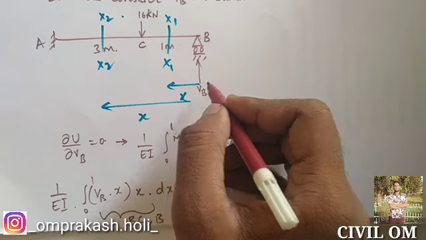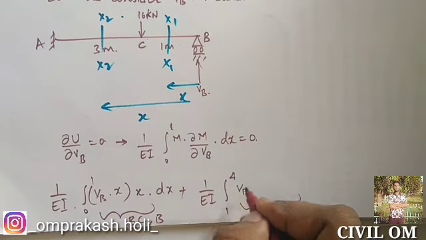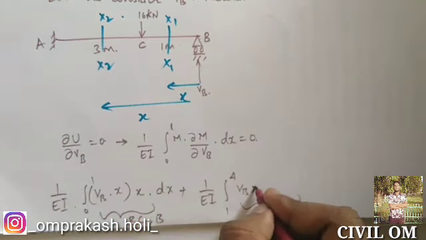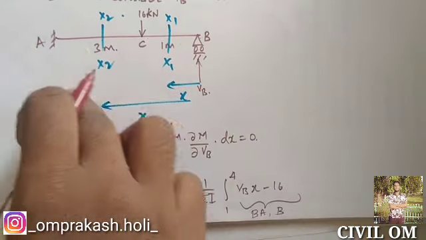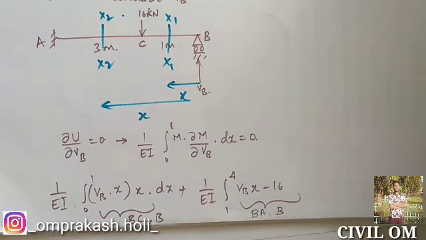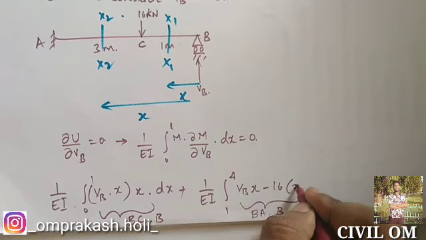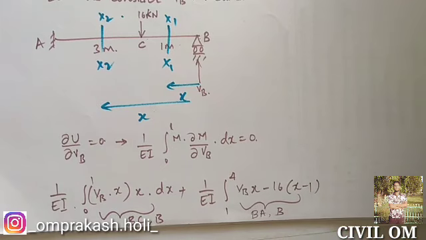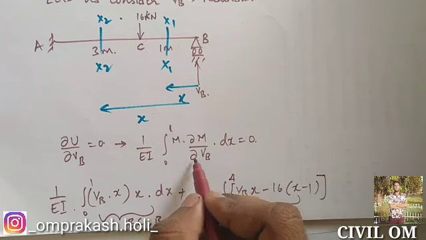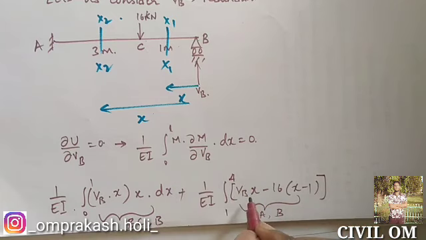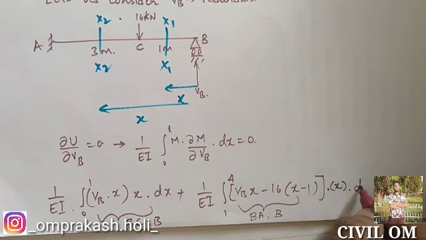We have VB as the support reaction, VB into this distance x, minus 16 into x minus 1, the 16 making a clockwise moment. The partial derivative of this m is x. So VB into x, its partial derivative is x into dx.